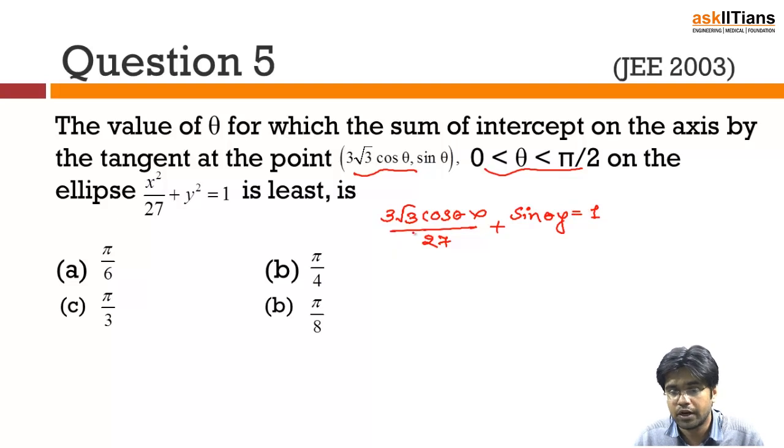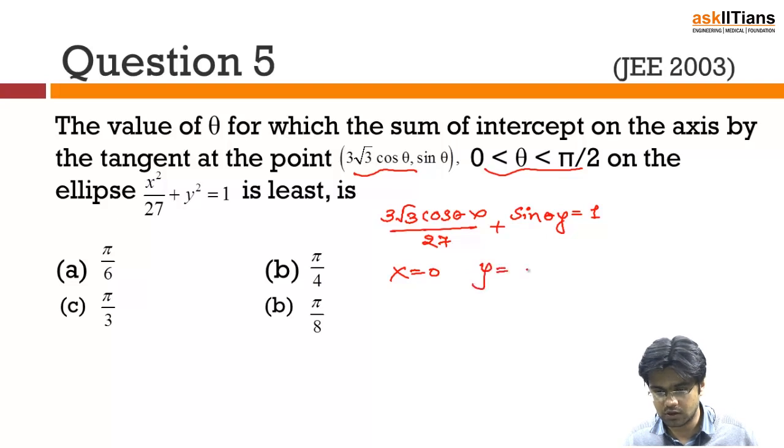Now what we need to find is the sum of intercepts. So we need to find the intercepts. If I put x equals 0, then the intercept I get is y equals 1 upon sin theta, that is cosec theta.